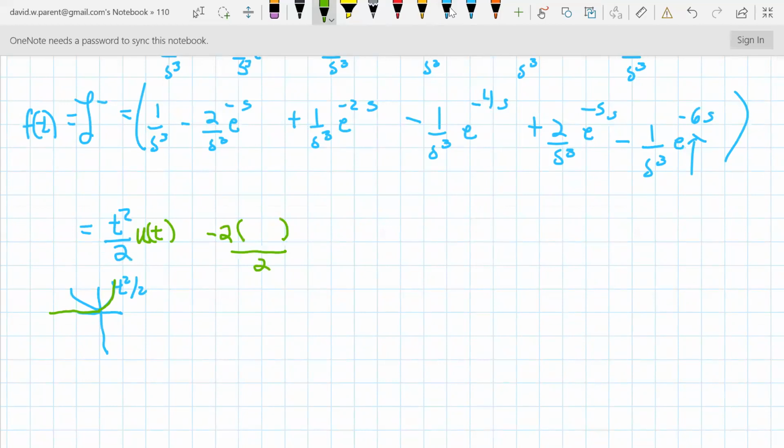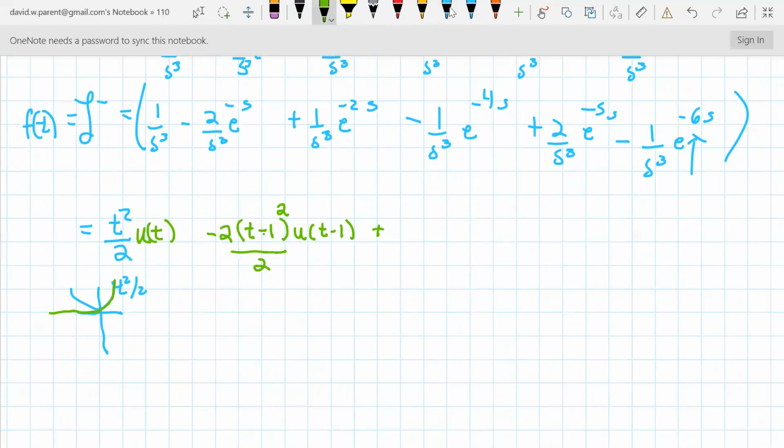And it's going to be the same thing. It's going to be t, but that delay there, right? You put the t, you have to put the delay in as well, and then square it. And then you've got to put the step function there as well.